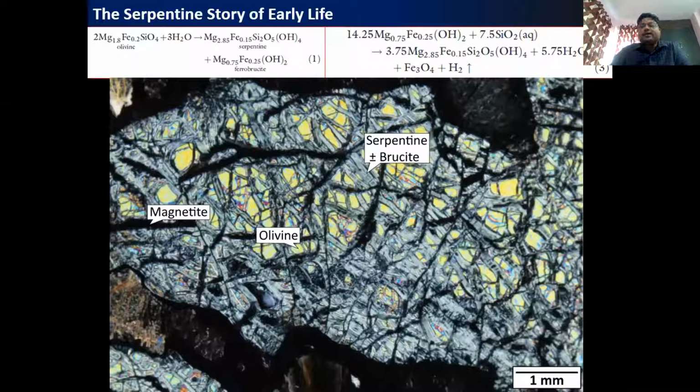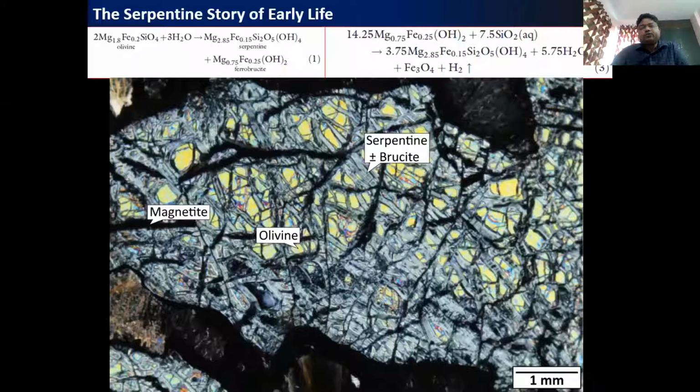How is magnetite produced? From the same point: in olivine, Fe is Fe2 plus. Now H2O divides into H plus and OH minus. The OH minus goes into the serpentine structure. Now there is H plus, and when 2 H plus join, it produces H2 plus 2 free electrons.